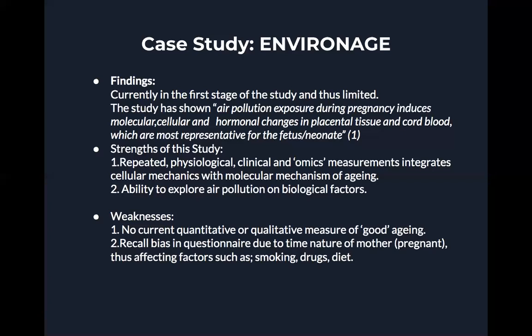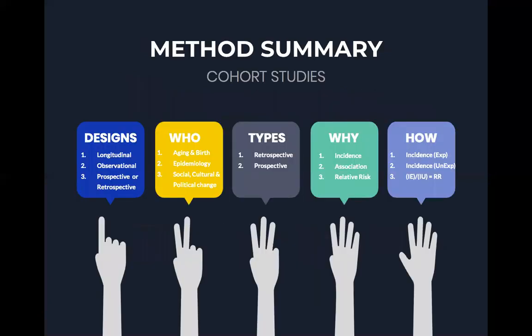Now, to summarize everything that we've learnt today in a simple visual we have here, basically for cohort study designs, we can go longitudinal, observational, or analytical. Who do we get into these studies? Well, we can get aging and birth groups, disease groups, or social and cultural groups, or people of a political group as well. Types of cohort studies include retrospective and prospective studies.